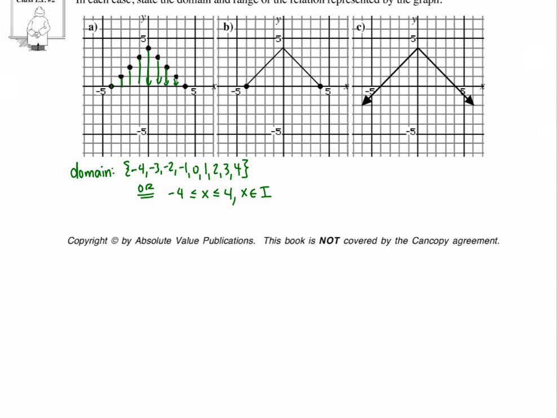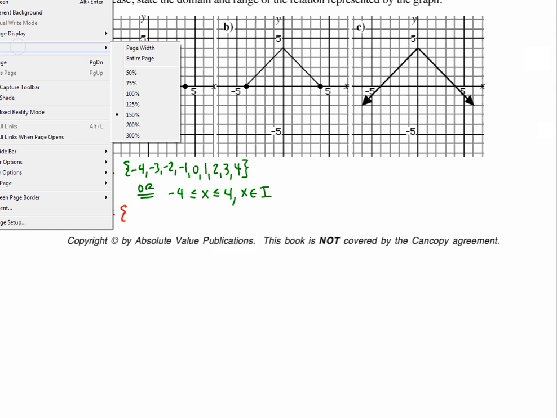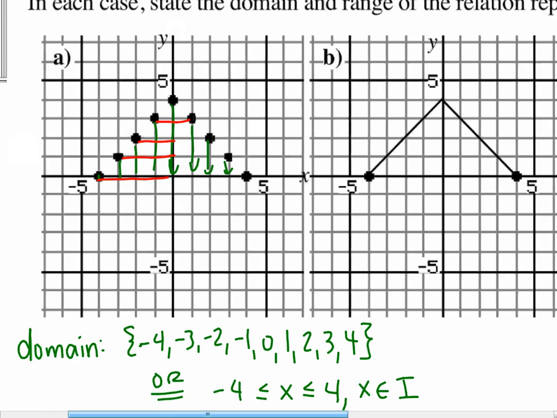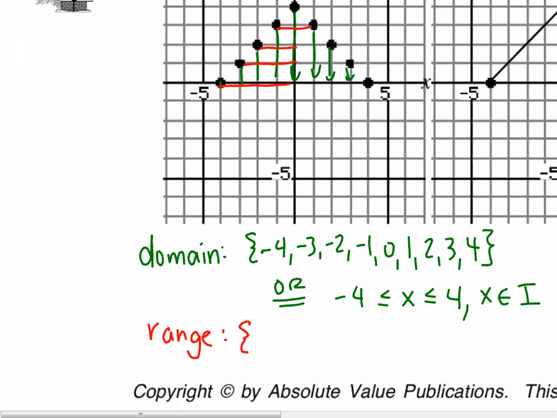I think it's just easier if it's discrete, always just list them. Okay, you could do this, but now it's getting a little bit more complicated. Range. Location of the y values. So where does it land? Where are these y values landing? Can you see that okay? Should I zoom in? 300%. How's that? Now you can see it.